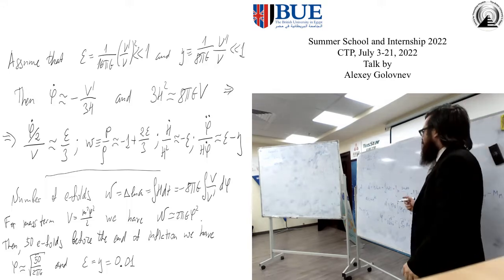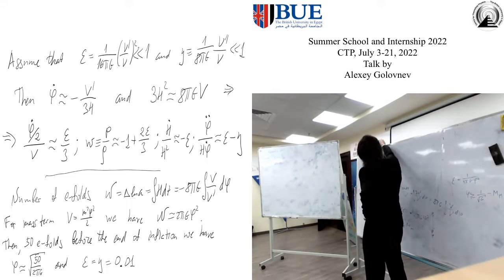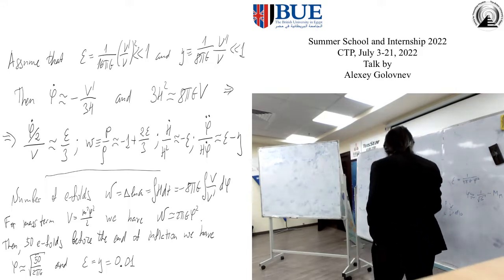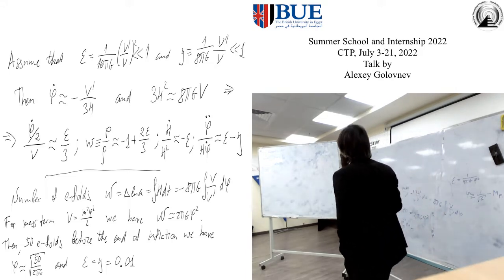So to compare with observations, I have to understand what slow roll parameters I had some 50 e-folds before the end of inflation. That's easy to see.